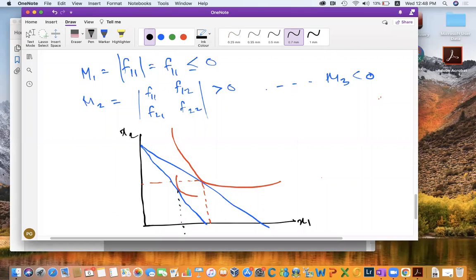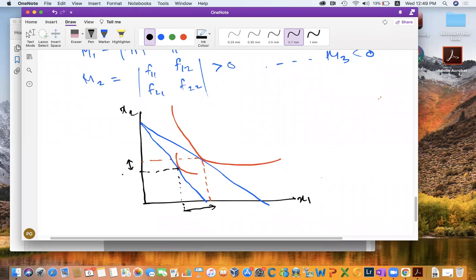Right. So the change in the consumption of good X1 is this amount, and the change in the consumption of good 2 is this amount, right? What the Slutsky equation does is that it takes this change and breaks it down into two parts, which are conceptually very important.